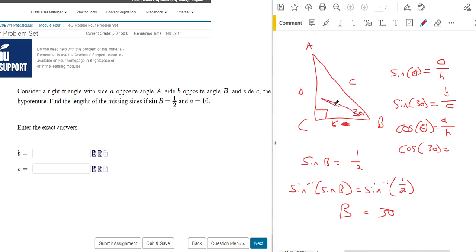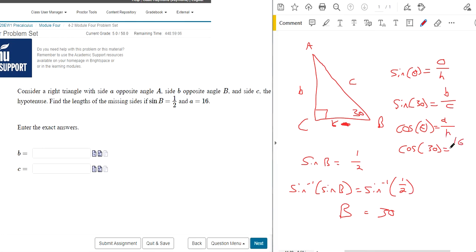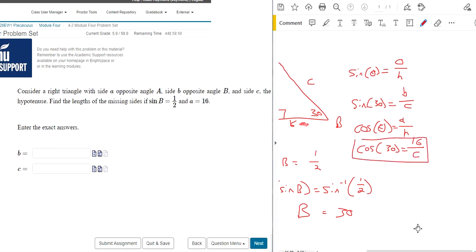This is the opposite. This is the hypotenuse of the triangle because it's across from the right angle. So this is our adjacent side, which is the number 16, and the hypotenuse is something we don't know, letter c. Now you have an equation you can solve. We can get c by itself with a little bit of algebra.